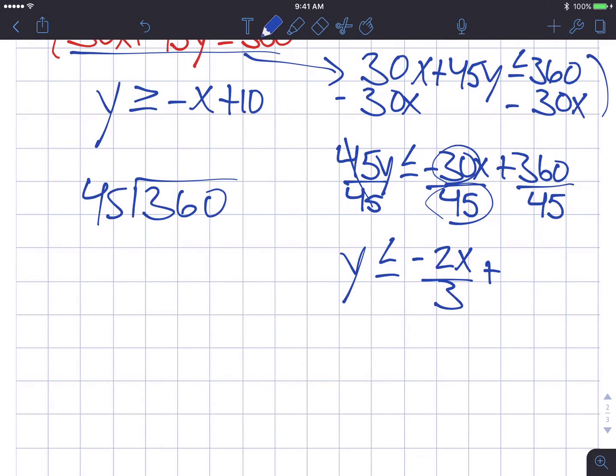I'm going to guess 6. 6 times 5 is 30. 6 times 4 is 24. Right? 6, 12, 18, 24. Plus 3, 27. Subtract 2, 1, 9. So we know the answer is actually not even 6. It's 8. So this is 8.